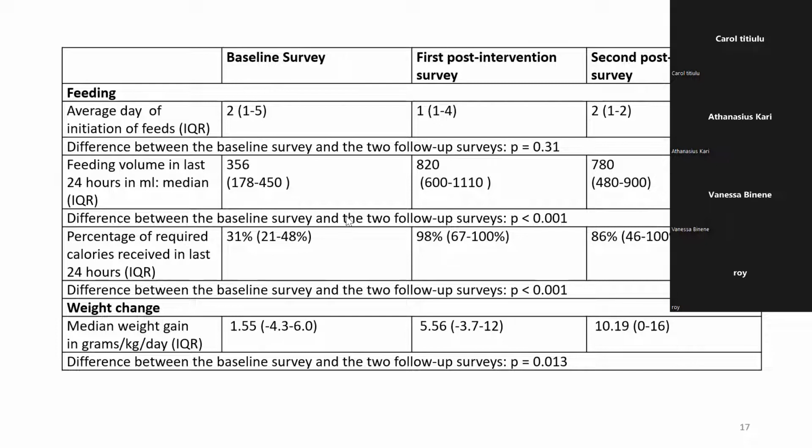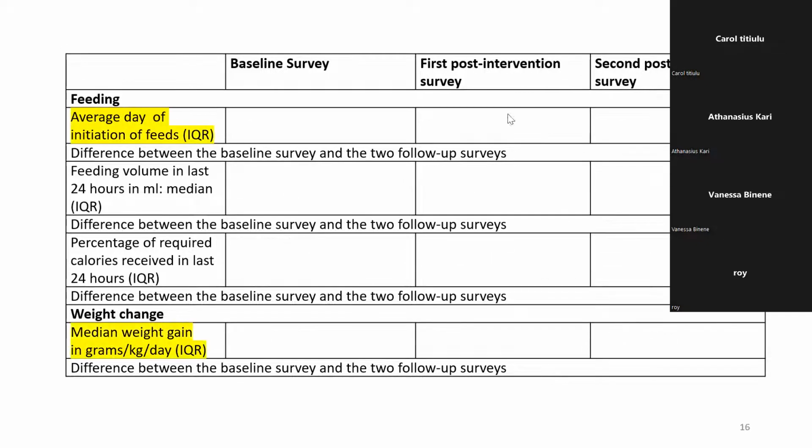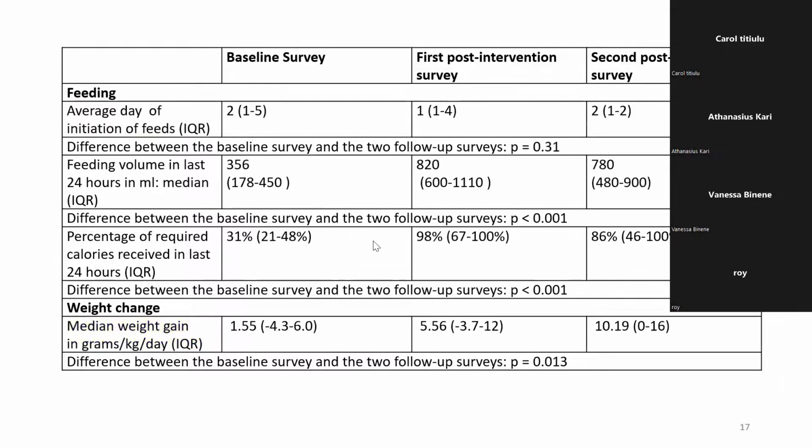And the difference between the baseline and the follow-up surveys was significant. And the same for the number of calories that children received and the weight gain the children had, much greater in the follow-up surveys. So the point I wanted to make was really about the dummy tables and how you can construct them while you're thinking about how to present your data. And then you can fill it in later when you do your analysis.